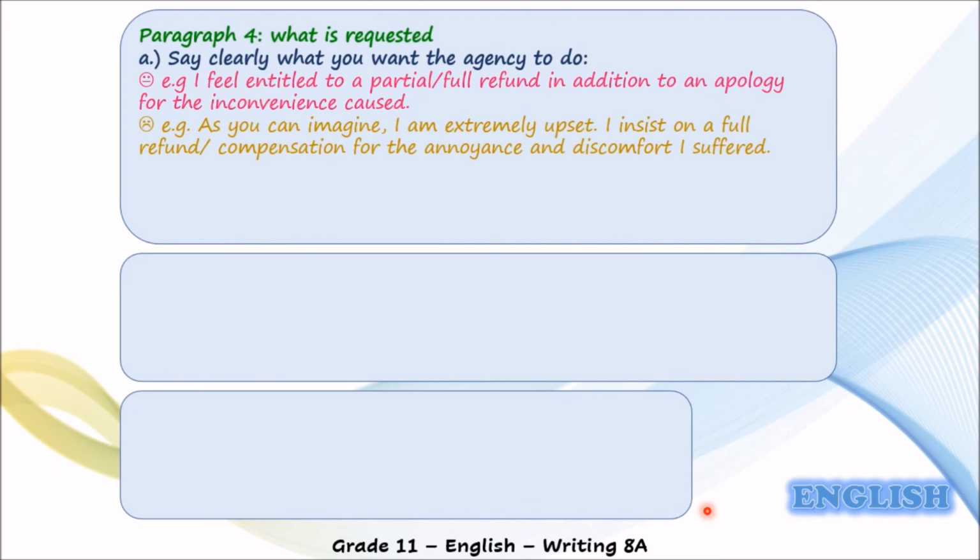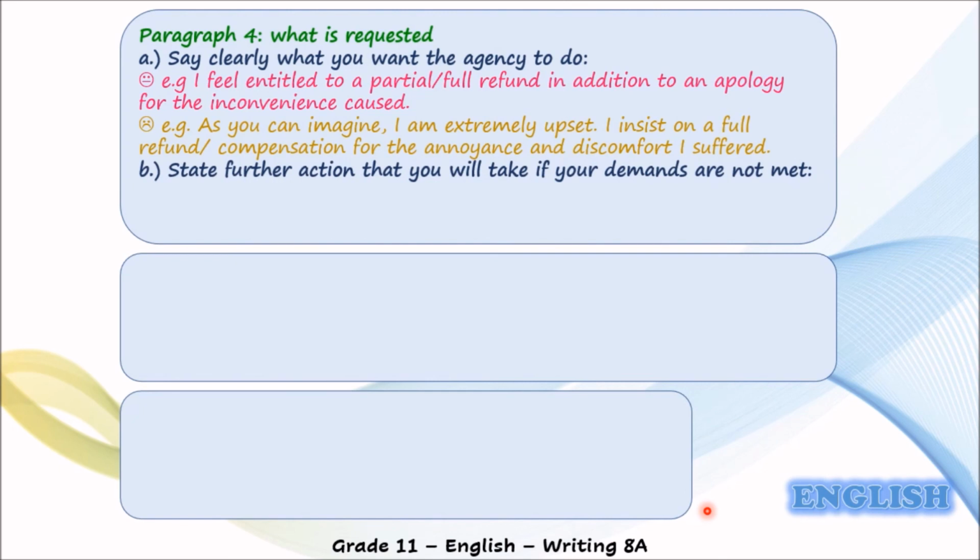Or you can say, as you can imagine, I'm extremely upset. I insist on a full refund or compensation for the annoyance and discomfort I suffered. So here you need to make up your mind. Depending on the situation, either you are going to ask for a total refund or a compensation, maybe another trip to the same place or another place.